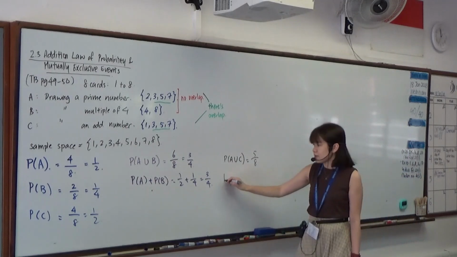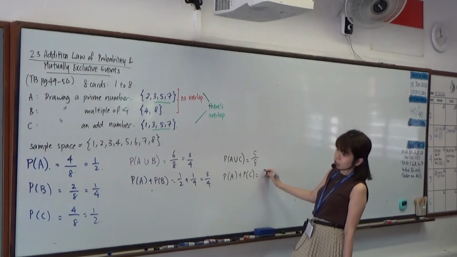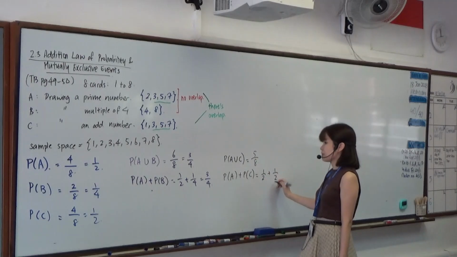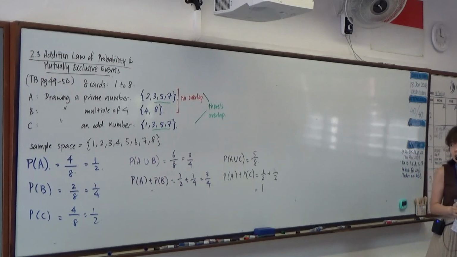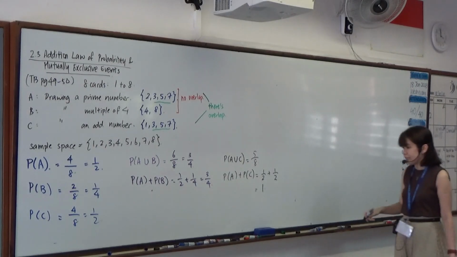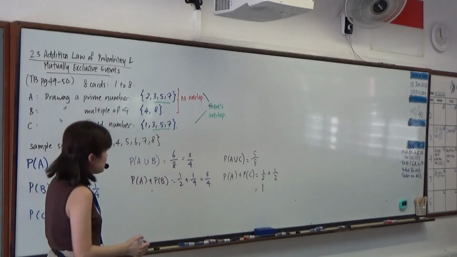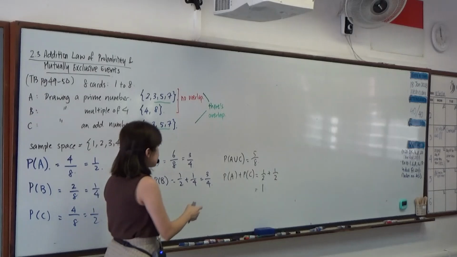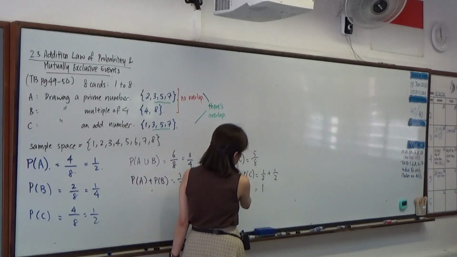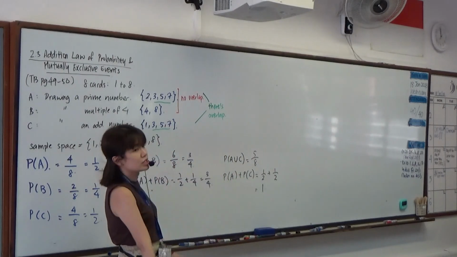Whereas probability of A plus probability of C would actually be half plus half. That's 1. So what is it that I'm trying to draw over here? Notice that for A union B and A plus B, the probability itself, they are actually equal. But for A union C, this 5 over 8 and this is 1. They don't equal each other.